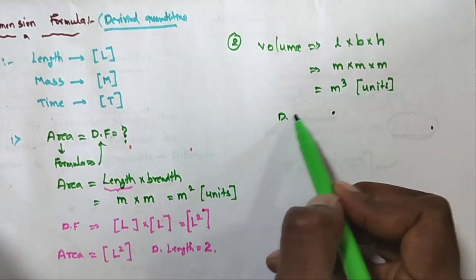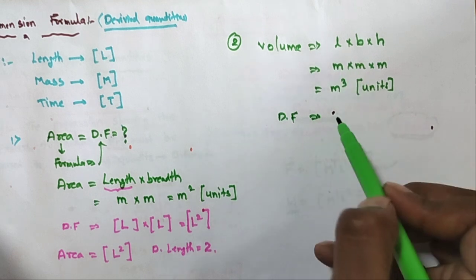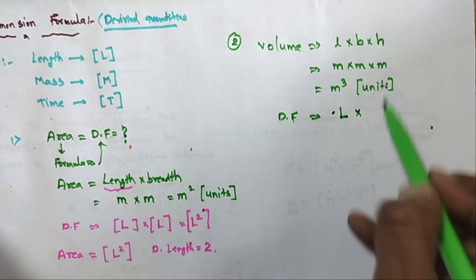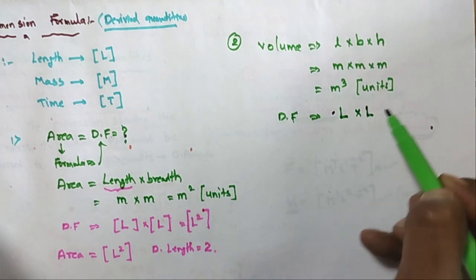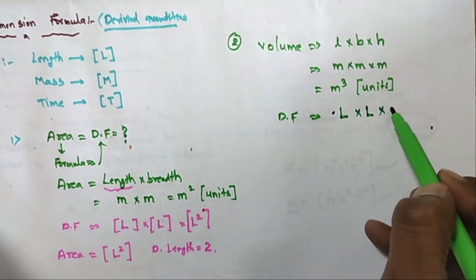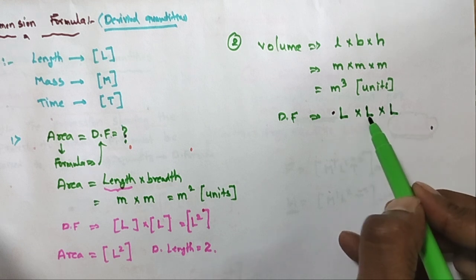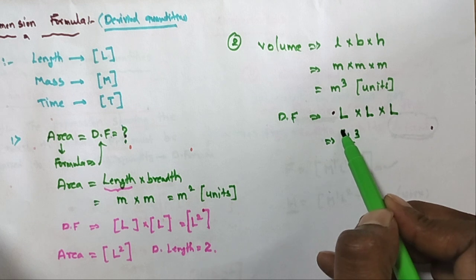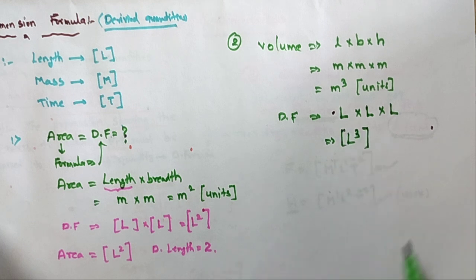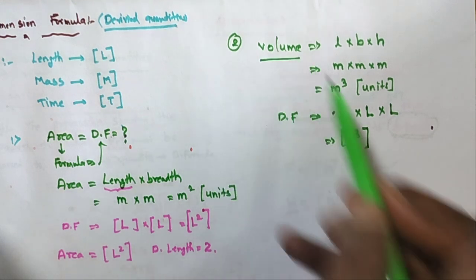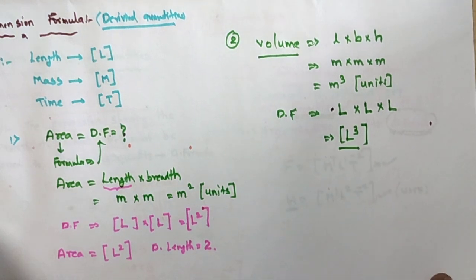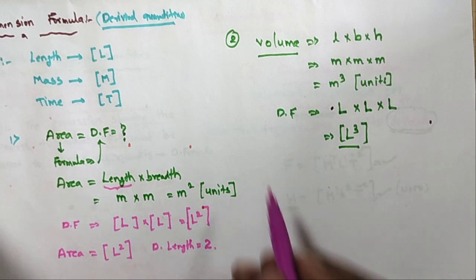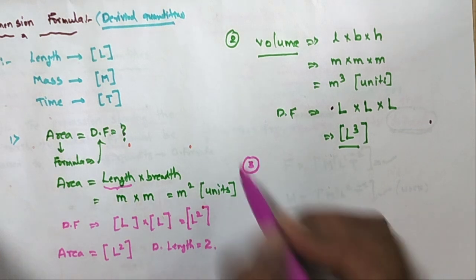And what is the dimensional formula? The length is a measurement of L dimension, the breadth is also a measurement of length, and thickness also. L into L into L, so let us take L cube. This is the dimensional formula of the volume.